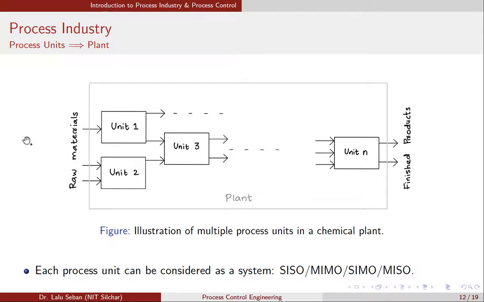So it's a combination of process units that creates the entire plant. Now, if we just look at each process unit, it can be treated as a system. As I have mentioned, here it can be a single input, multiple input, or single output, or multiple output.